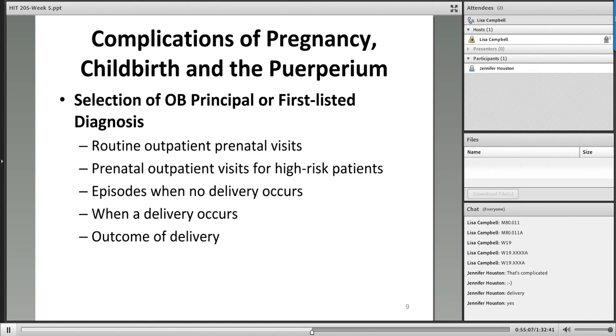One to show the weeks of gestation, and then two to show the outcome of delivery. So on the day of delivery, two Z codes, Z3A and the weeks of gestation, and Z37 to show how many babies the person had.